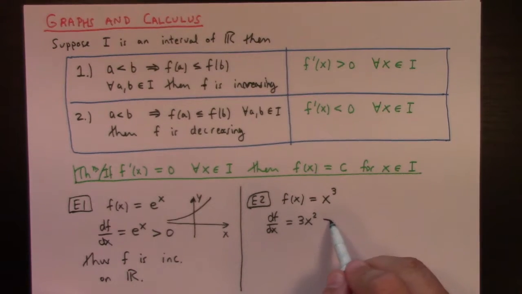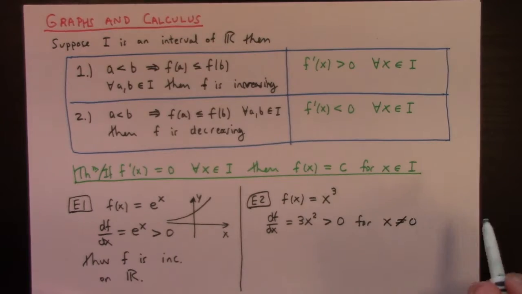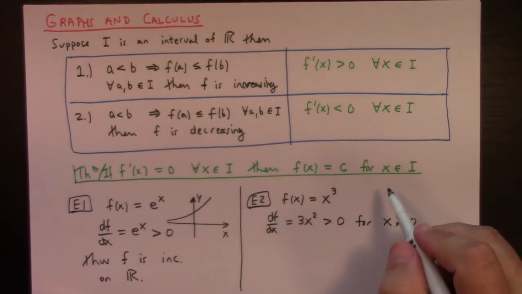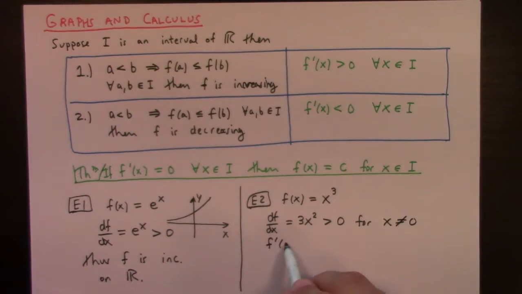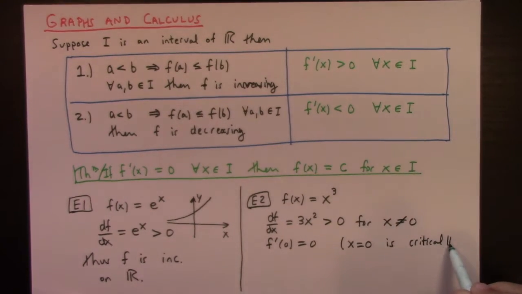So notice that this is greater than 0 for x not equal to 0, right? But you can also see that f prime of 0 is equal to 0. Remember what that means. That means that x equals 0 is a critical number. Or sometimes, if I'm being sloppy, I'll just say it's a critical point. I guess technically the critical point is (0, 0) here.